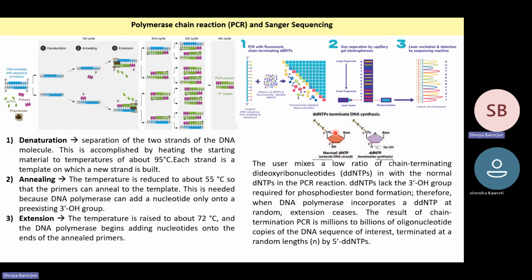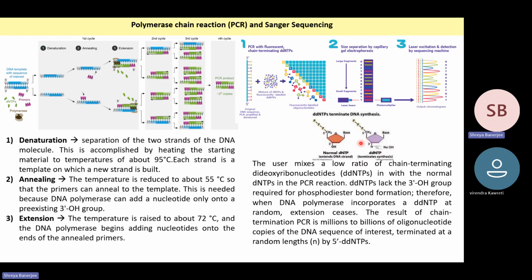But in dideoxyribonucleotide, this OH is absent. So once the dideoxyribonucleotide adds onto the chain, it will terminate there and there will be no further extension. So if we carry out polymerase chain reaction with a mixture of dNTP and ddNTP, we will get a variety of DNA strands, some of which may be the original replicated DNA, but others will be the DNA terminated at different lengths.